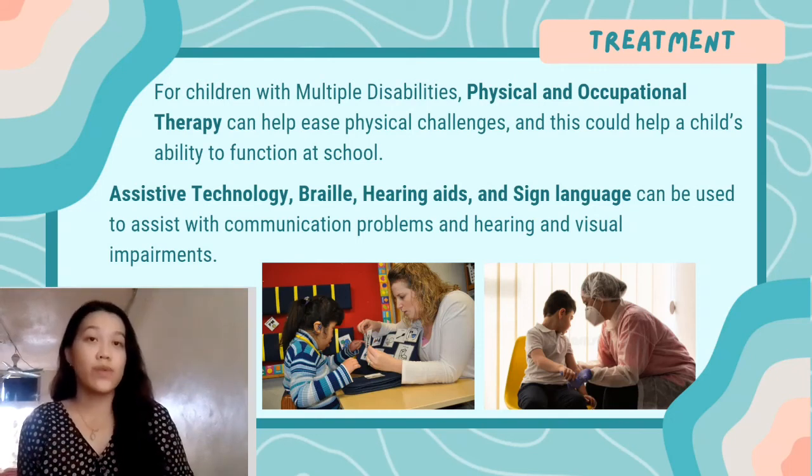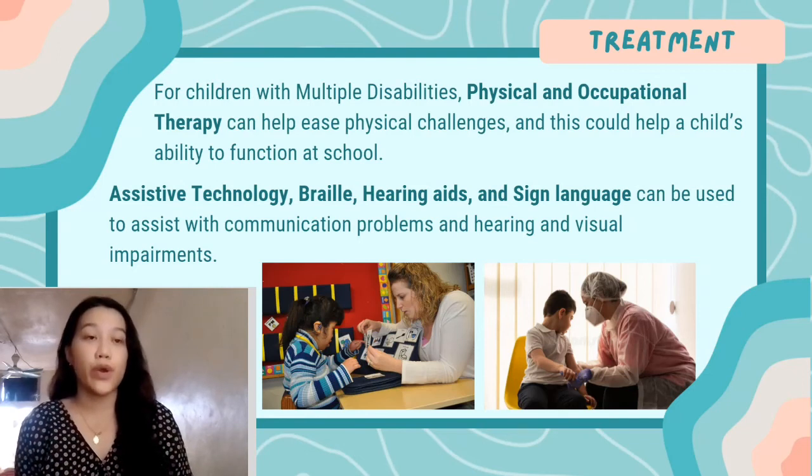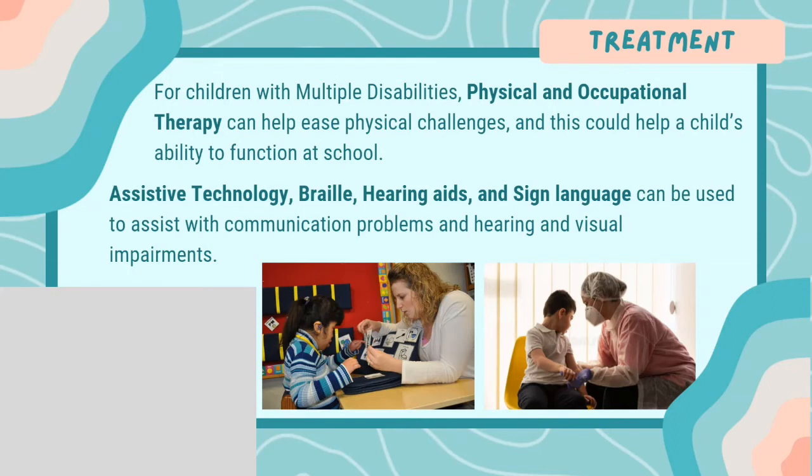A child with mild multiple disabilities may only need intermittent support, meaning the support is needed every now and then or for particular tasks, while children with more severe disabilities are most likely to need ongoing support.